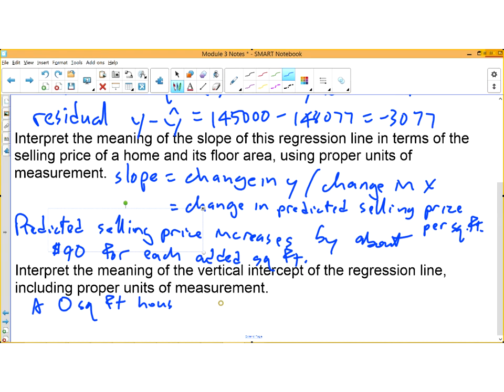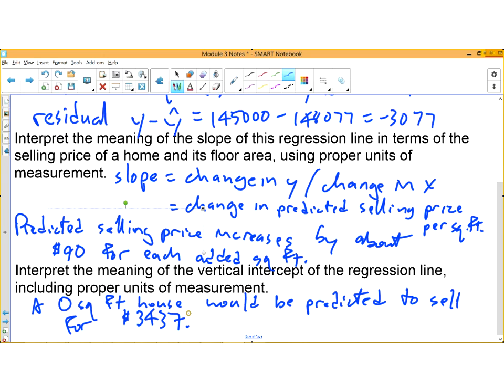So a 0 square foot house would be predicted to sell for $3,437. But of course, first of all, you can't have a house with 0 square feet. One of my clever students once said, well, does that mean that's the predicted price for a vacant lot?